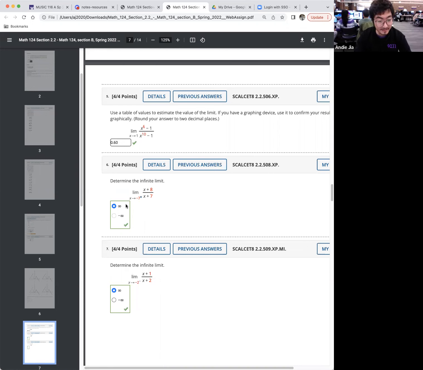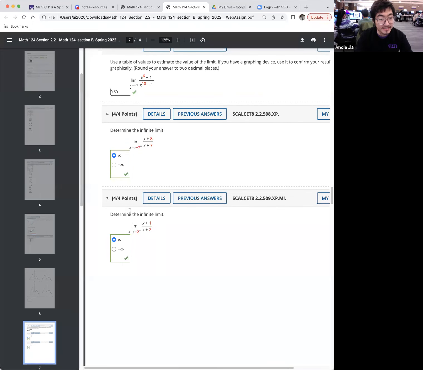So the limit is going to infinity here. As we divide a number by an arbitrarily smaller number, the limit equals positive infinity or negative infinity.